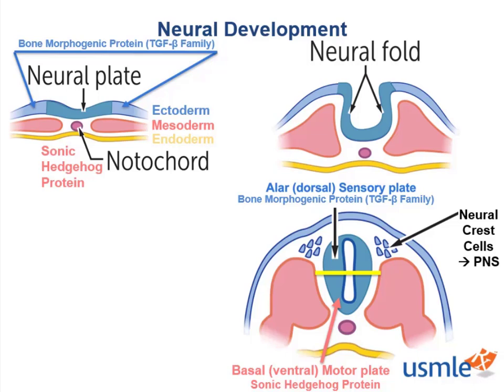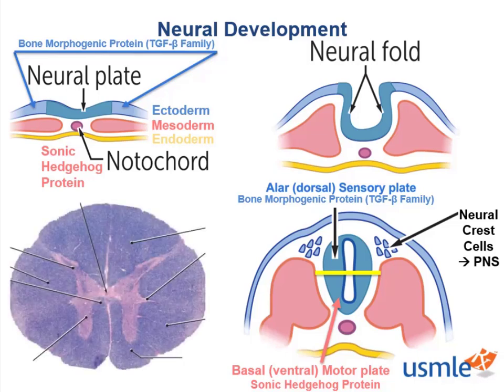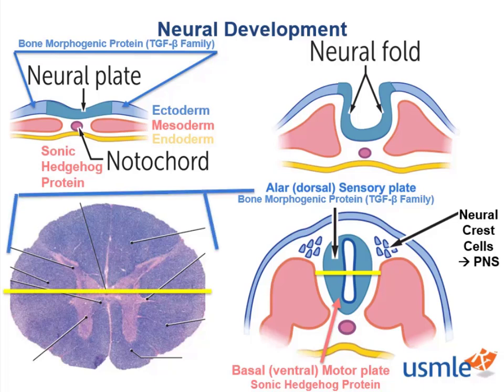To make patterning stick in your mind, let me show you a cross-section of the spinal cord oriented in the same way as our illustrations here with the same yellow separating line. Looking at the dorsal section of the spinal cord, this area was patterned to become the sensory or afferent elements through the signaling of the bone morphogenic protein.